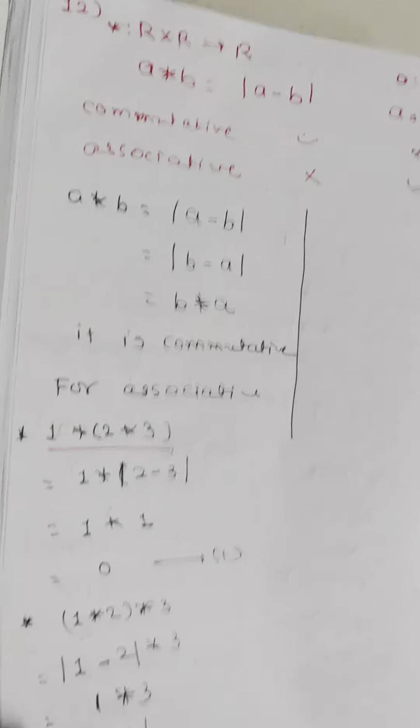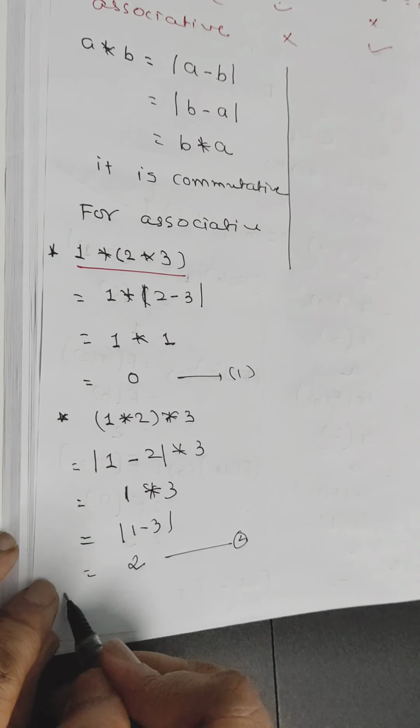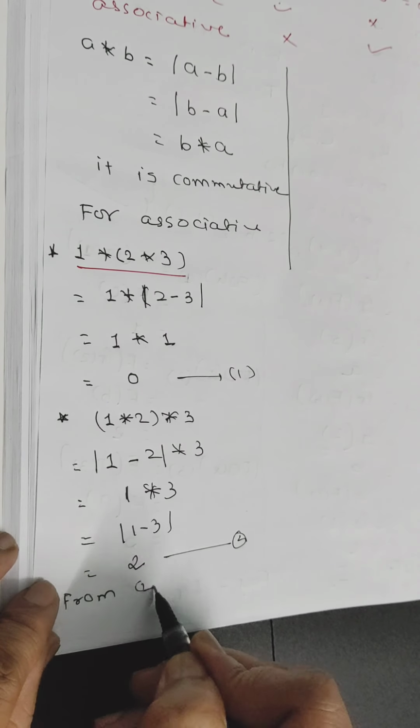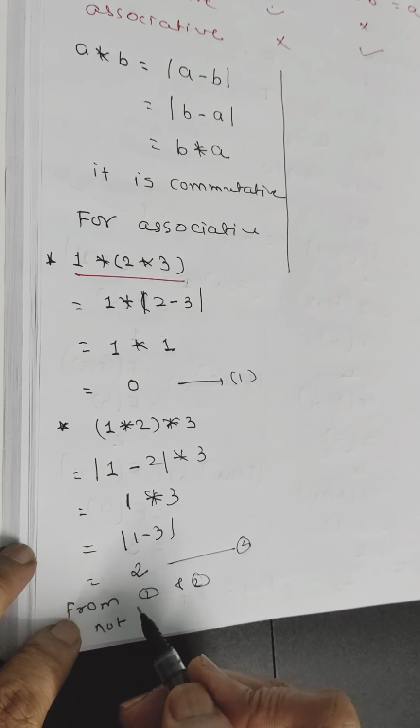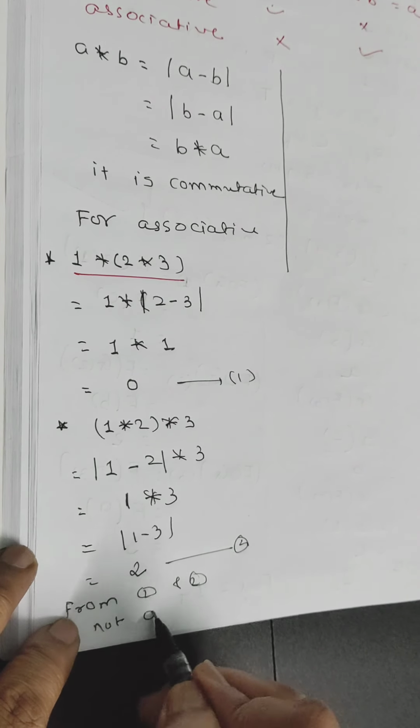So from 1 and 2 I can write not associative, not associative.